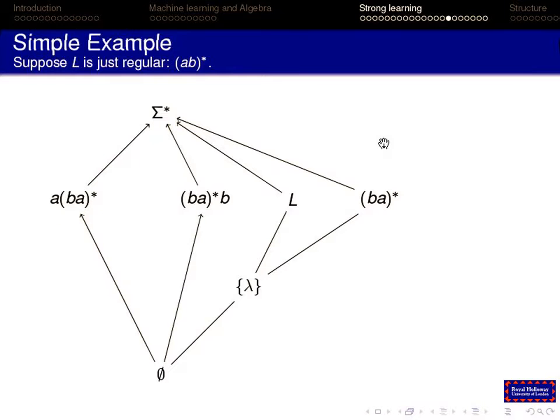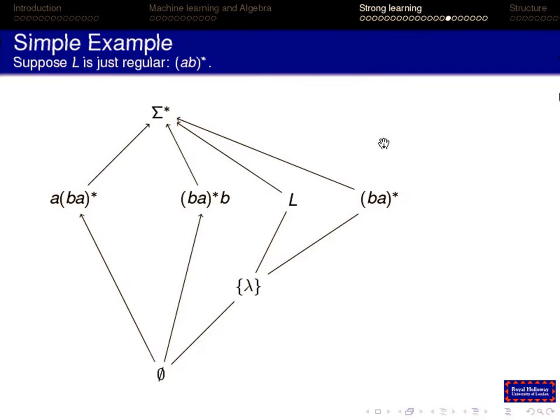Just to give you a concrete example of what this looks like, if the language is regular, then this semi-ring, this lattice, is going to be finite. So for the trivial regular language (ab)*, we end up with this thing which has these 7 sets of strings.